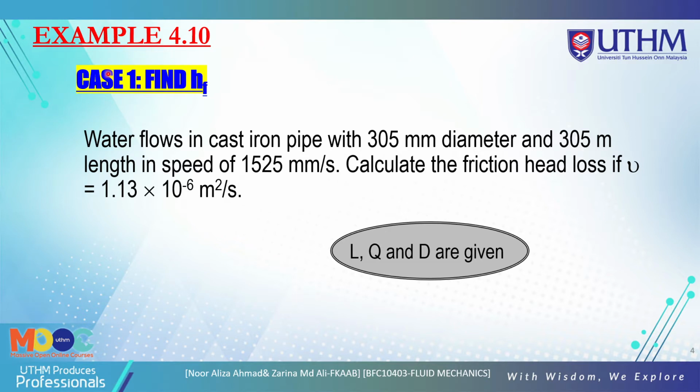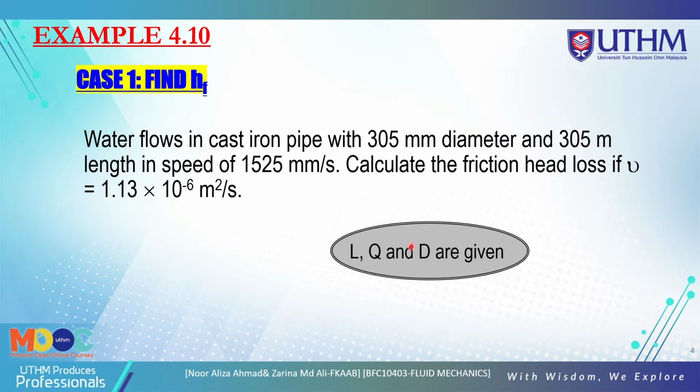Now we look at example 4.10 here, case 1 to find HF. Water flows in a cast iron pipe with 305 mm diameter and 305 meter length at a speed of 1525 millimeter per second. Calculate the friction head loss, if the kinematic viscosity is 1.13 times 10 power of negative 6 meter squared per second.